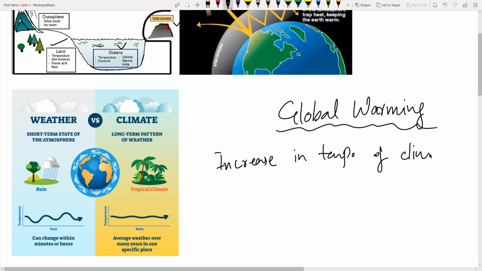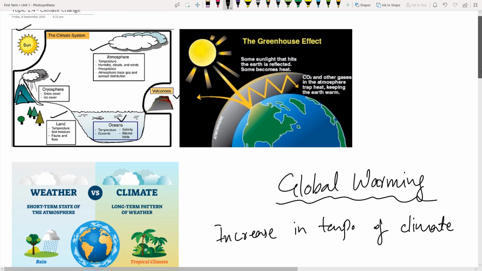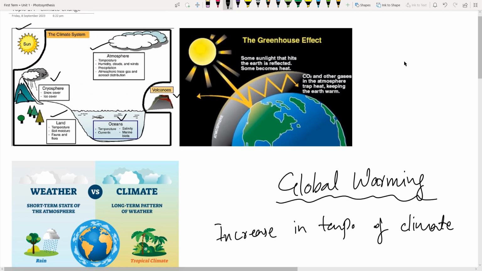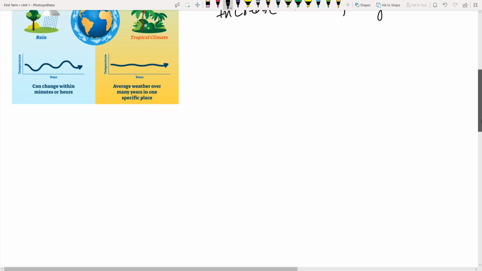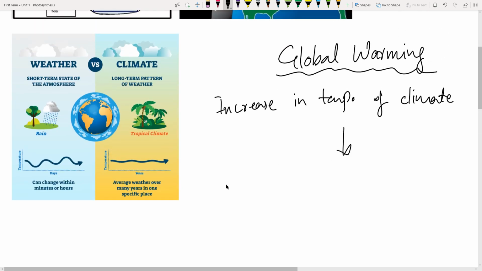And why is that? It's happening due to specific gases that hold up the energy. We call those greenhouse gases. We'll call this caused by greenhouse gases.